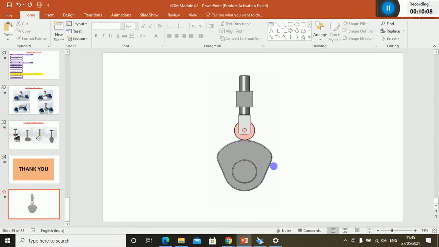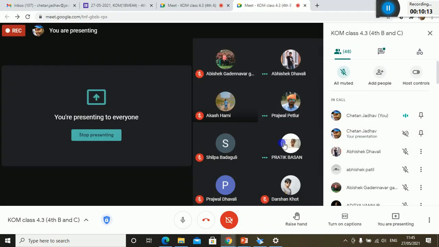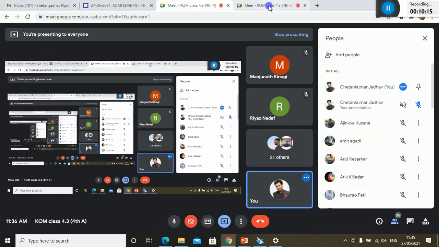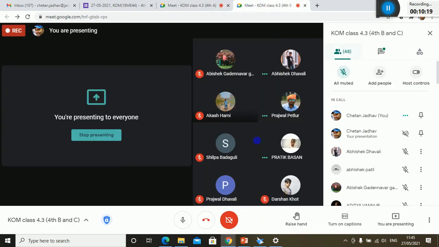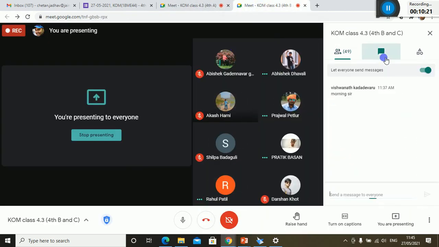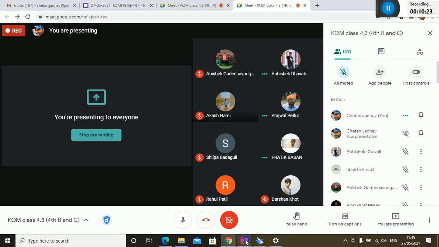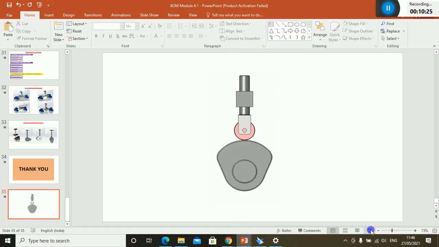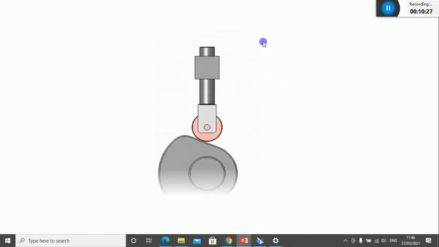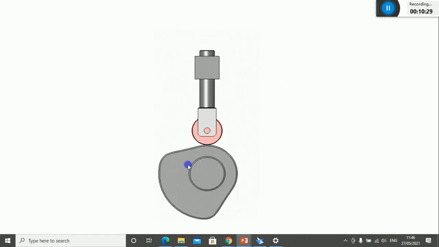Okay, so this is nothing but a cam. Yeah, just wait for a second. Before that I'll explain once again about this one. So you can see this is the cam.